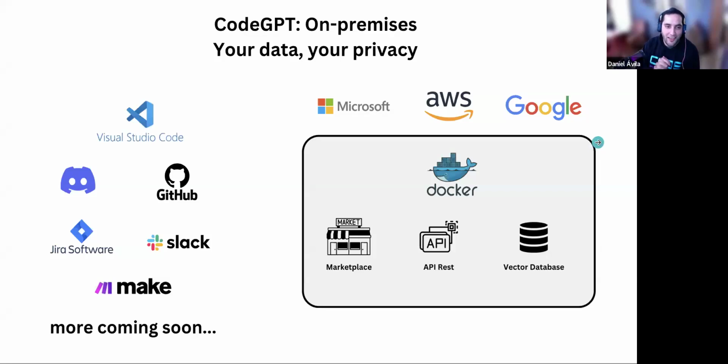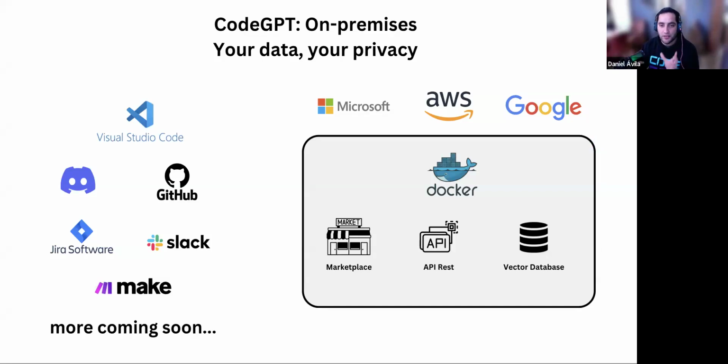So the last thing that I'm gonna show you is that we have everything on premise. If you want to use the full CodeGPT platform inside of your servers, you could get the full platform.